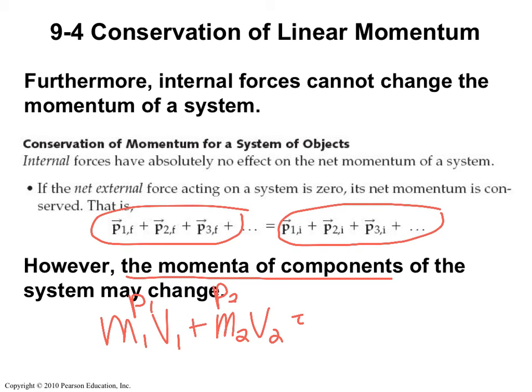Now, after something happens, maybe they collide into each other, maybe they combine. So now I would have some velocity together, with M1 and M2. Now, this gets into a little bit more detail with collisions, so we're really not going to worry about this. But this is telling me that these two things are equal because of some external force.